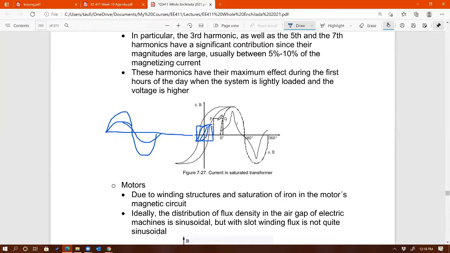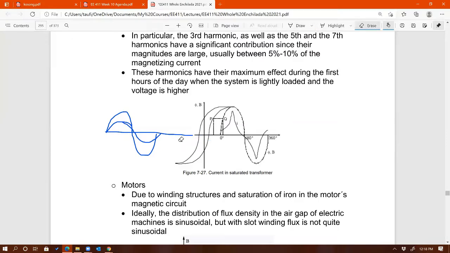But if the voltage that is exposed to this transformer somehow goes into the non-linear portion of the BH curve, then you're going to have a problem, such as in this picture.